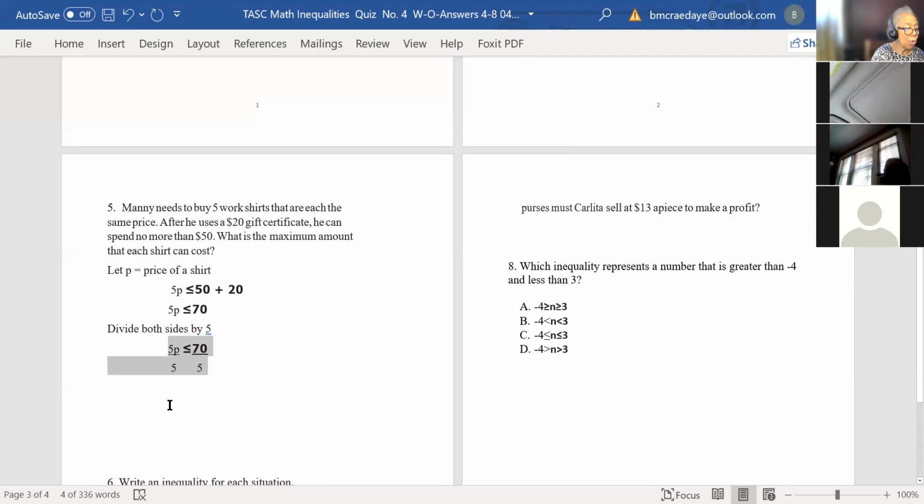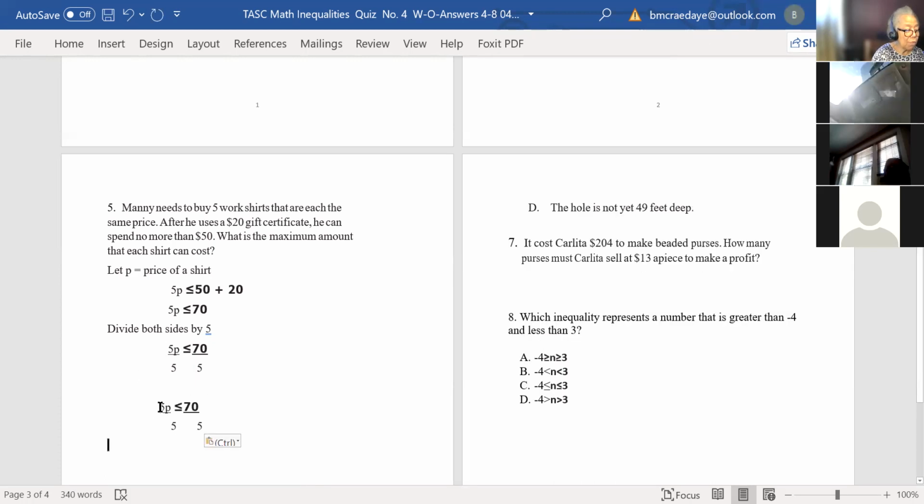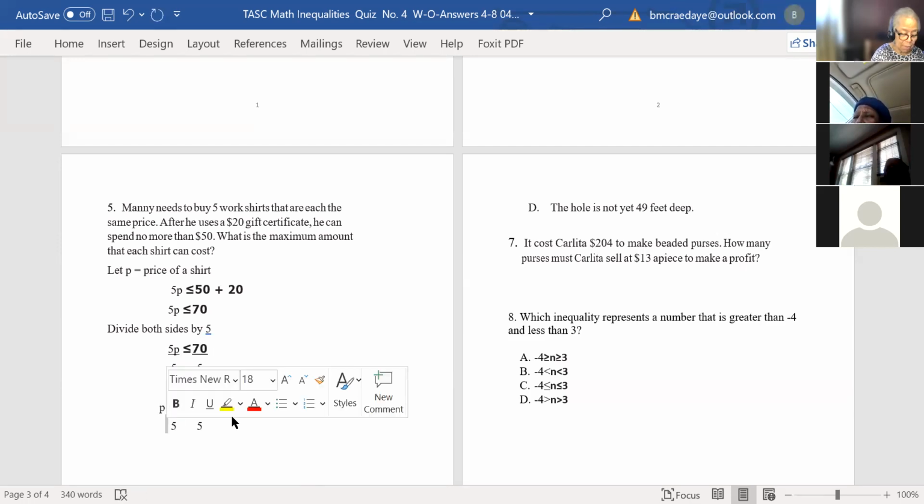If I copy this, then P is less than or equal to 14. So this would just be P less than or equal to 14 because 70 divided by 5 is 14. Okay, so let's take the underline out here. We don't need it. And take these 5s out.